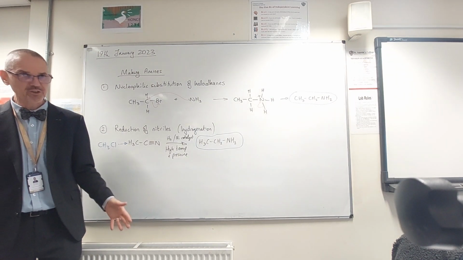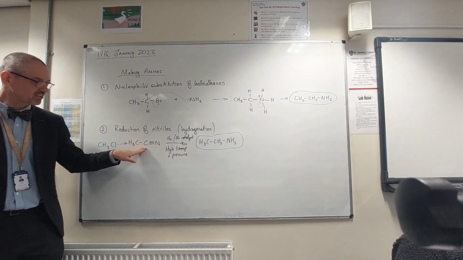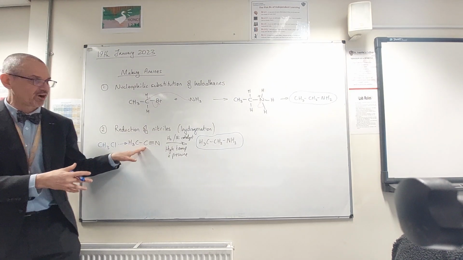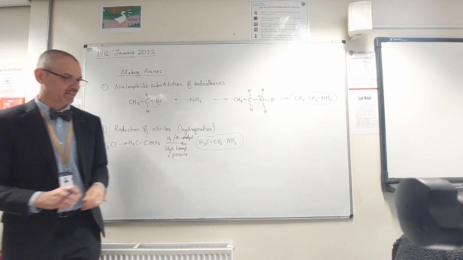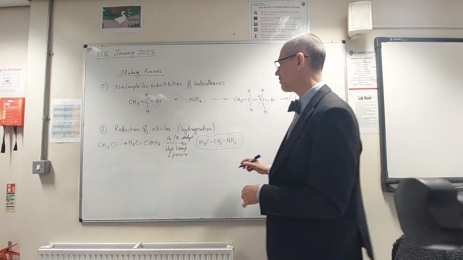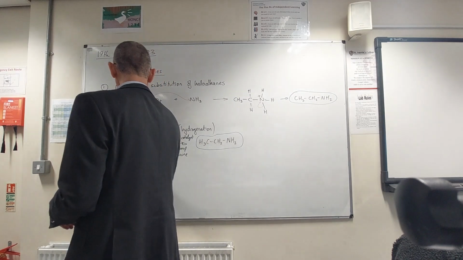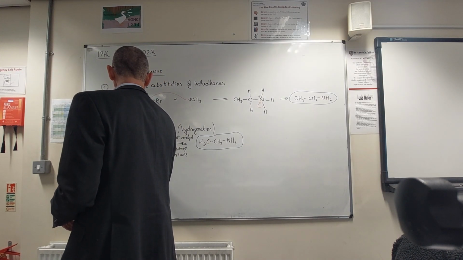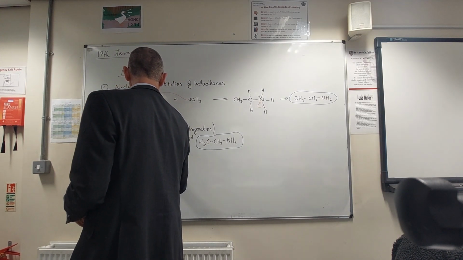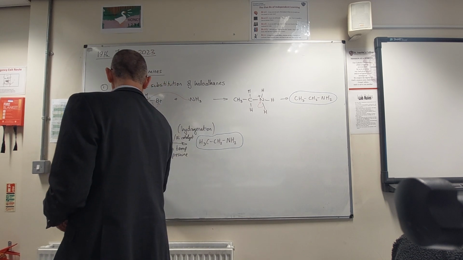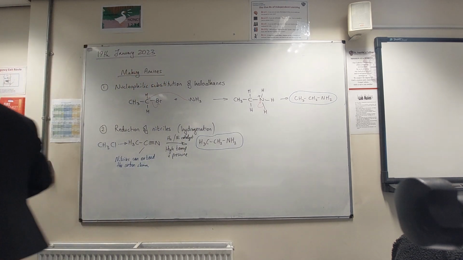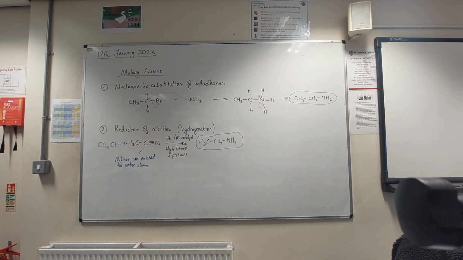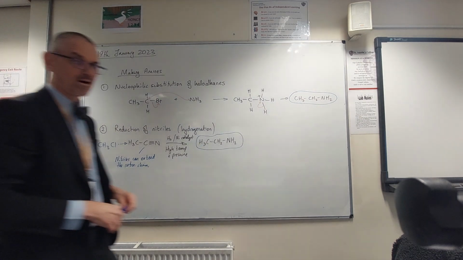There's really no other functional group that I can just swap a halogen for, and then magically we've got a longer chain there. Okay, so just make a note somewhere. Nitriles can extend the carbon chain.